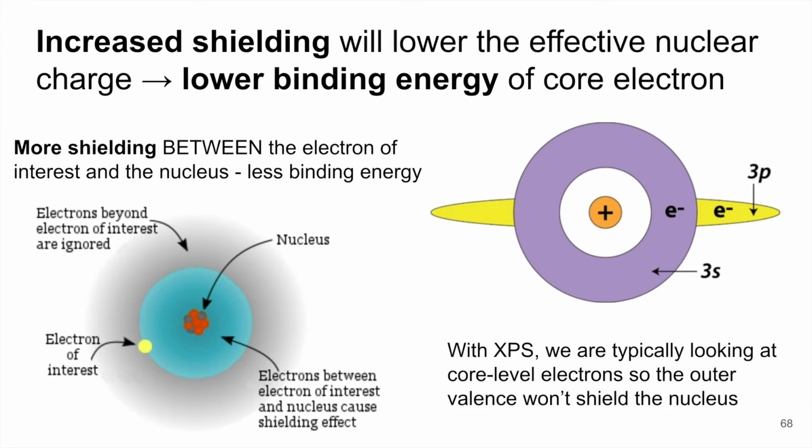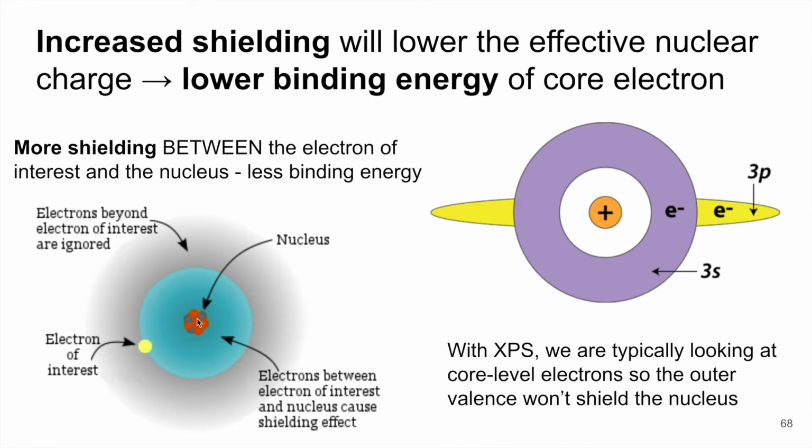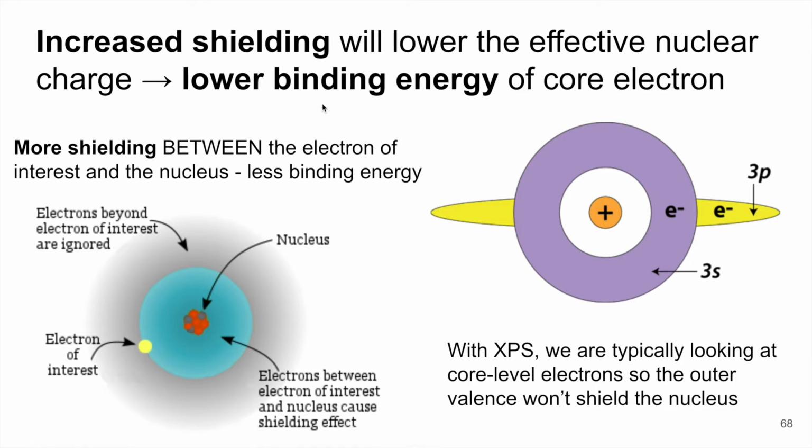Because if the charge of the nucleus is being shielded, it's easier to remove that electron. So basically, increased shielding lowers the binding energy.